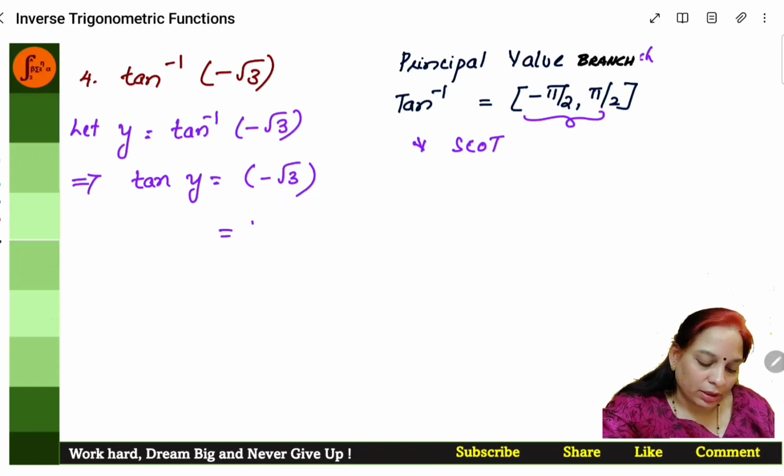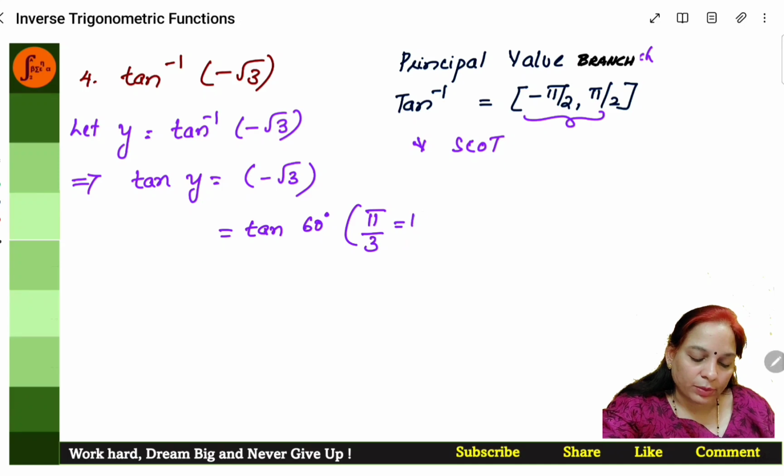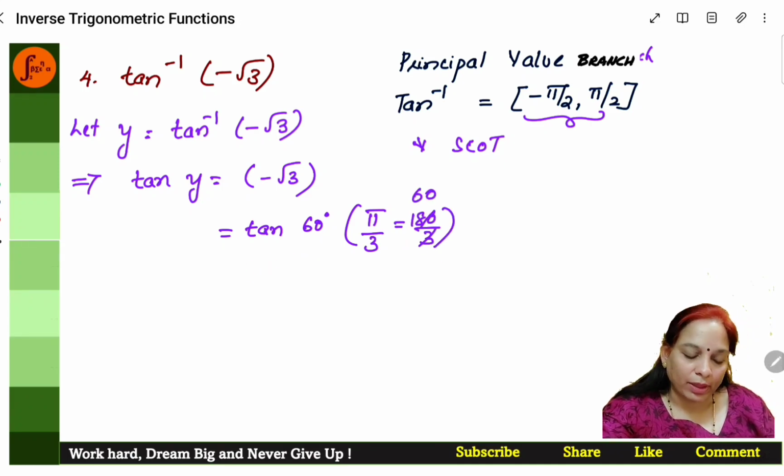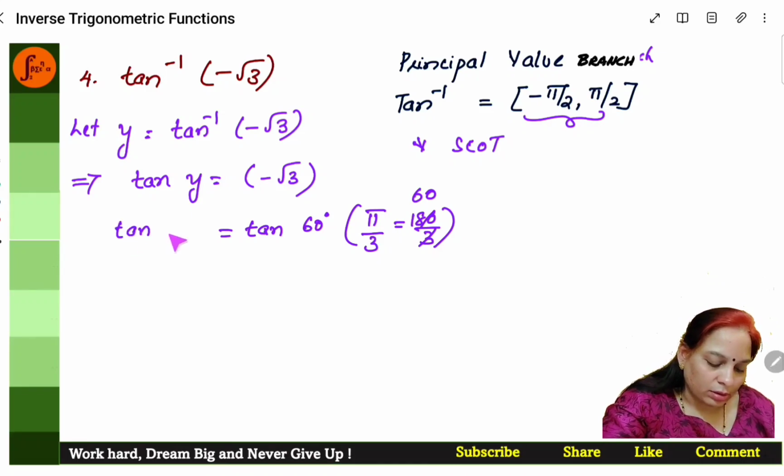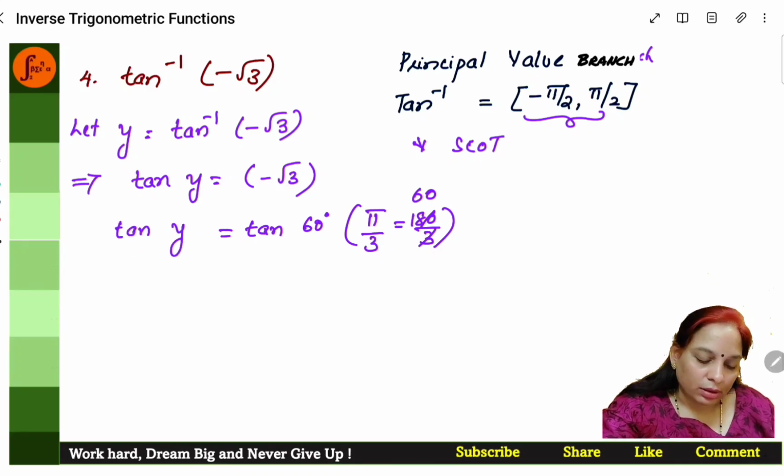It's nothing but tan 60 degree. What is tan 60 degree? It's pi by 3, which is 180 by 3, which is 60 degree, pi by 3. So, there is minus here, so we can put minus here, minus tan 60.